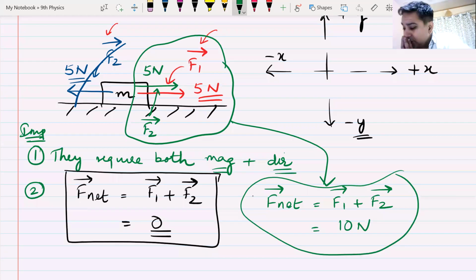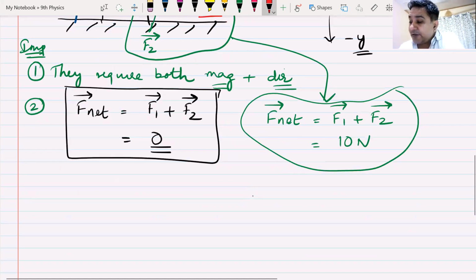Now I ask you this, why is the answer in both cases different? In both cases I've added the forces, but the answers come out to be different. Why is one answer 0 and the other answer 10? Because direction matters. Yes or no? Direction matters a lot.